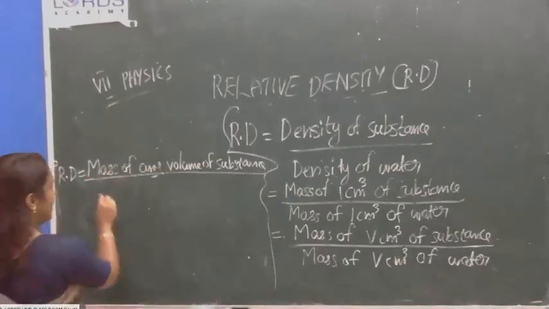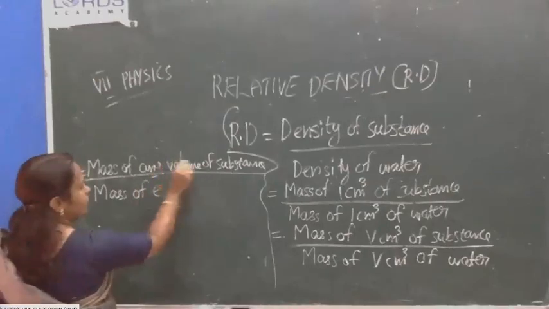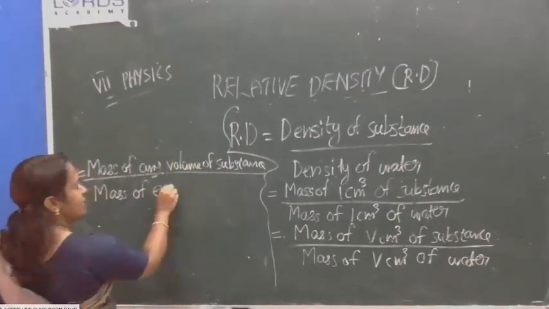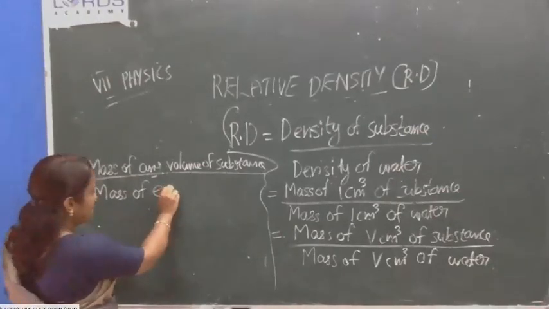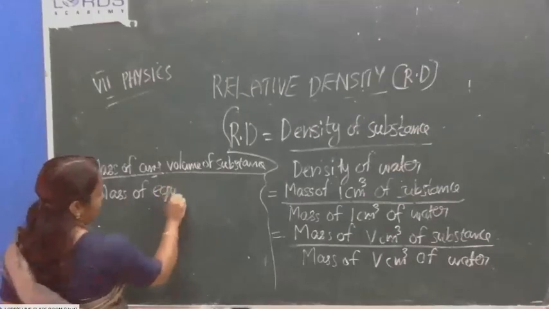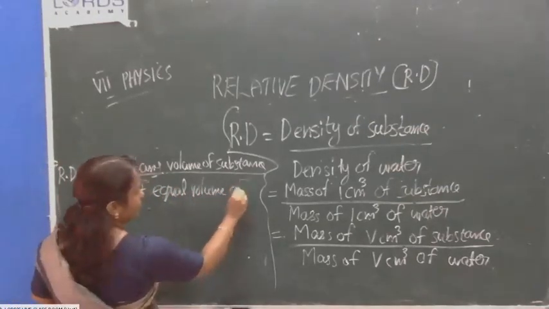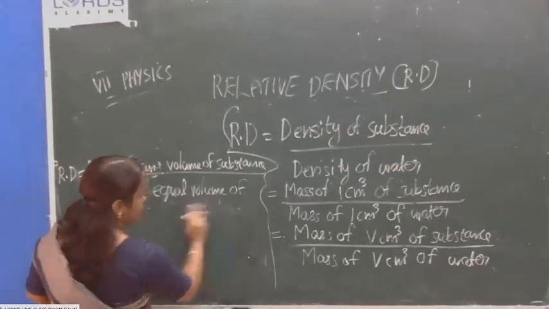But what I have to do? Mass of equal volume of water. If I took 120 centimeter cube of substance, 120 centimeter cube of water I have to take. Clear? Yes. Okay. If you have any doubt, ask it, because it's important for doing numericals.